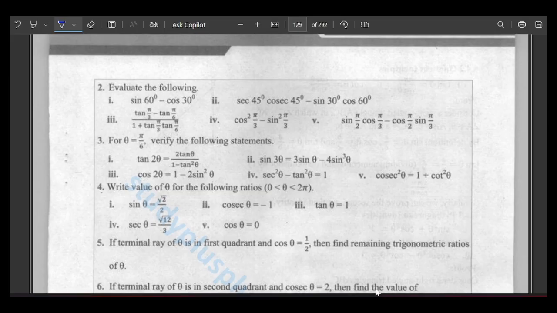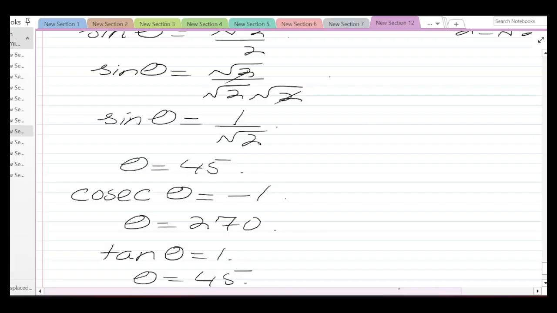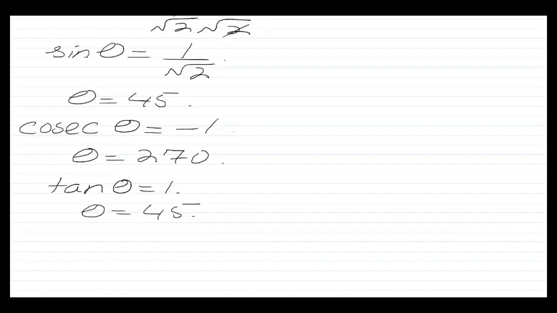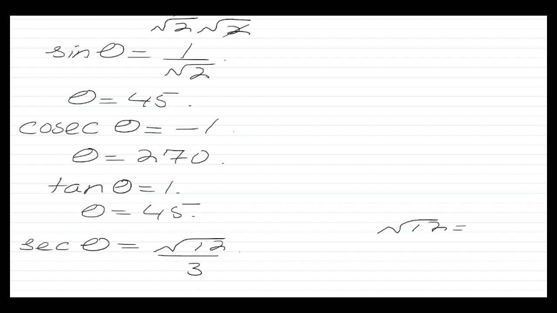Okay, and then if you look here, we have sec theta, and that is under root 12 by 3. So it's pretty easy to find this. Let's write sec theta is equal to the under root of 12 divided by 3. Now what is under root of 12 equal to? We know that it is equal to 4 multiply 3.